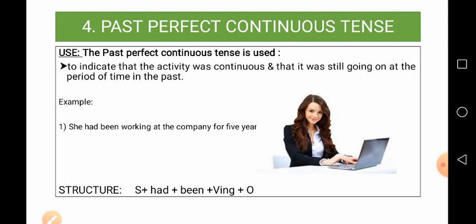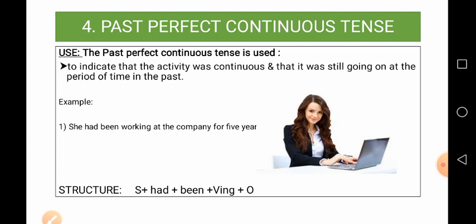In the simple past tense, we use second form of the verb. In the past continuous tense, we use was or were plus VING. In the past perfect tense, we use had, and in the past perfect continuous tense, we use had plus been.